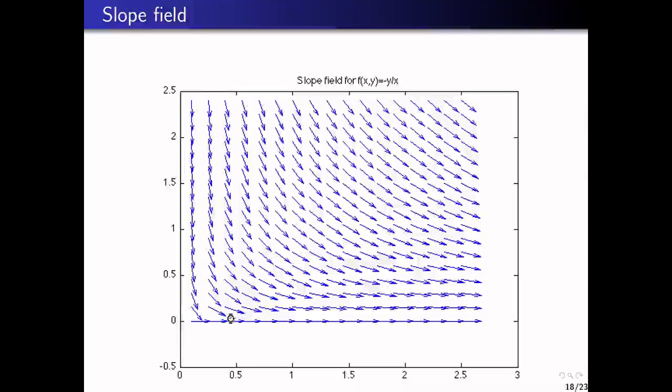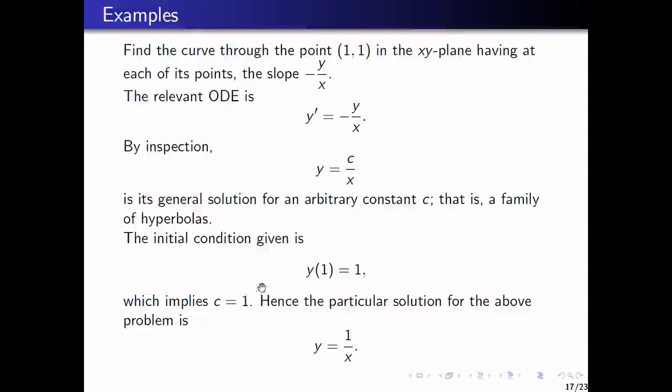Here you can see for this differential equation, when the value of x is equal to y, this will have slope minus 1. When y is 2 times x, this will have slope minus 2. When y is 3 times x, this will have slope minus 3, and so on.